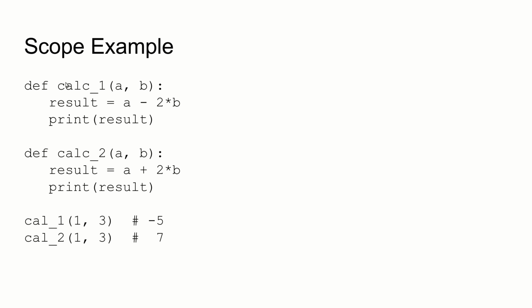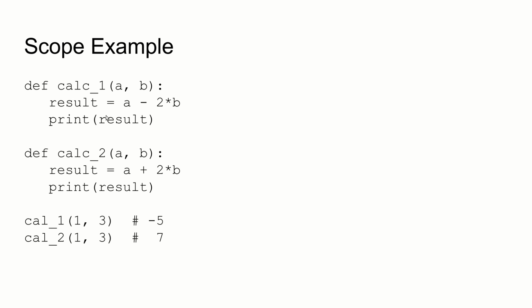I have calc1 and calc2. They're two different functions. They each take parameters a and b. Calc1 gives a variable called result the value a minus 2 times b, and then it prints that variable called result.